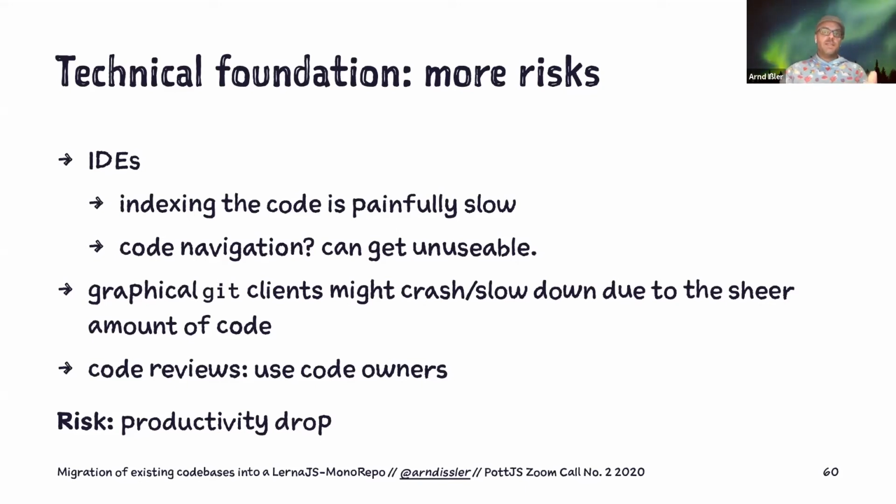So maybe you need to switch the IDE, or maybe you need to learn more about Git to not check out the project in full. Say graphical Git clients. Atlassian SourceTree was not able to handle the code base in its size.